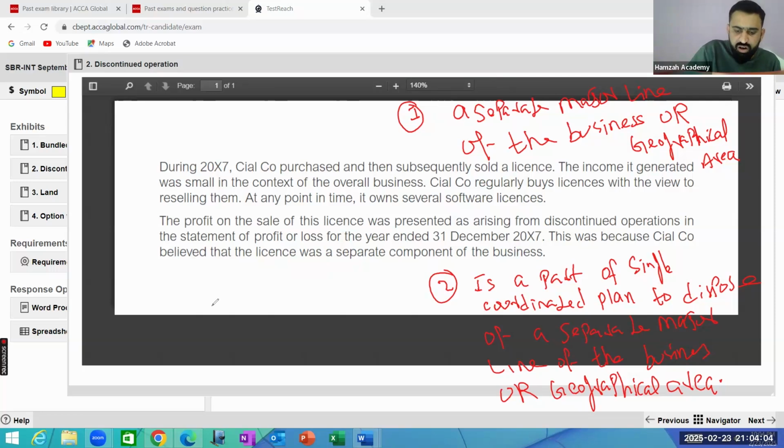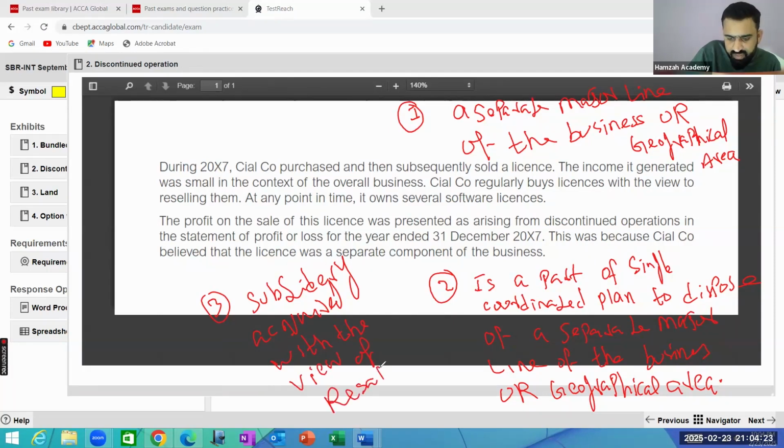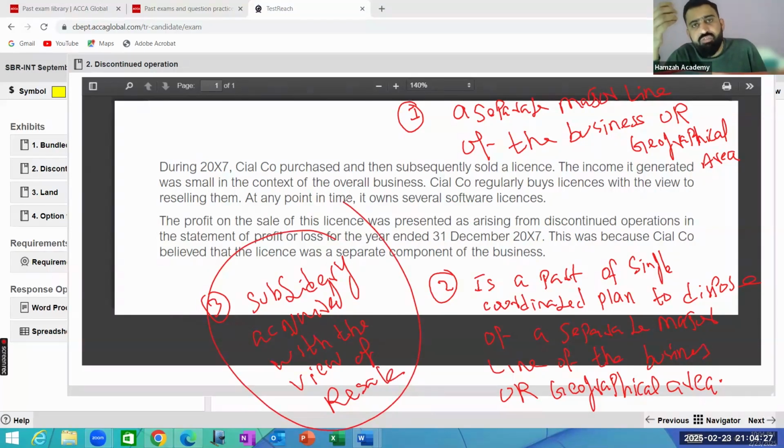And number three, it's a subsidiary acquired with a view of resale, a subsidiary which you have acquired with the view of resale. That will be a discontinued operation.